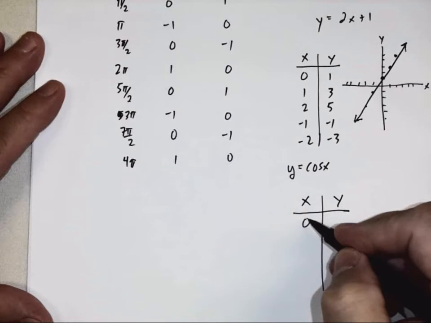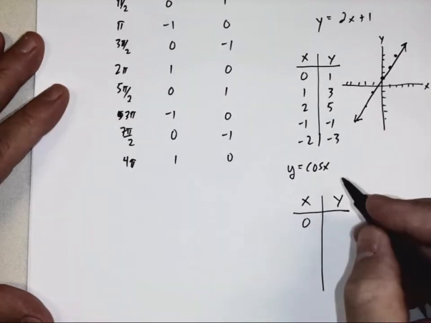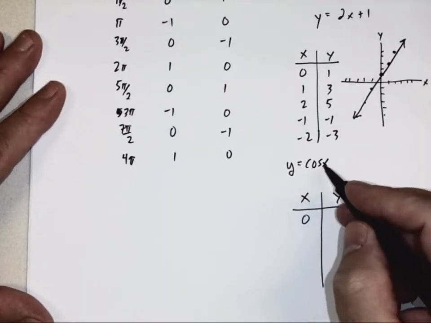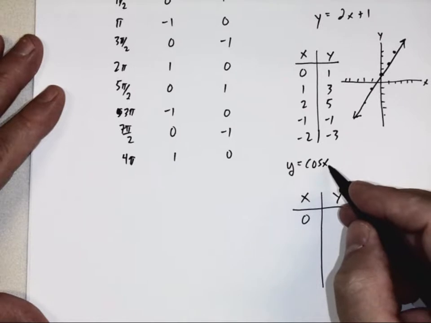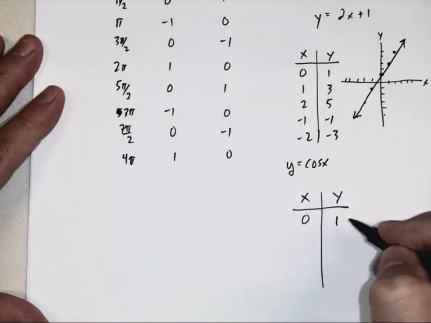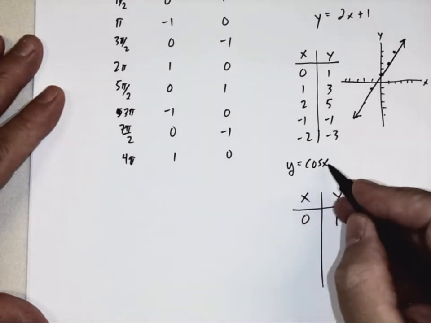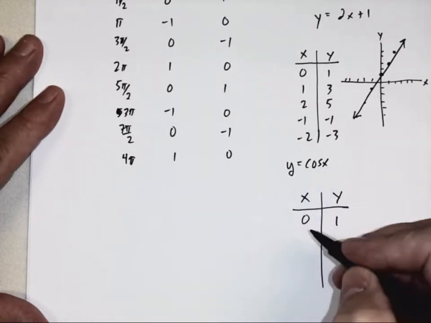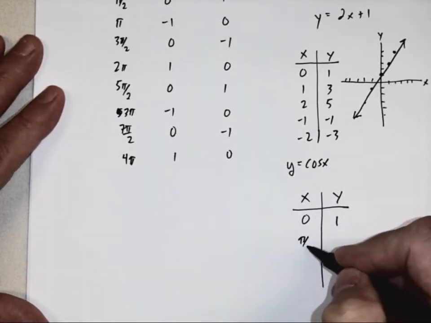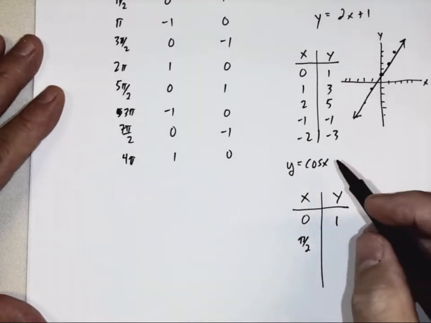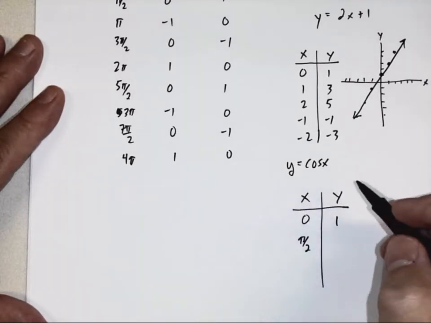So if I choose x equals 0, y is going to be, what is the cosine of 0 radians? Well, I know it's 1. The next one I'm going to choose, because I know this is an angle and it's in radians, I'm going to choose pi over 2. What's the cosine of pi over 2?